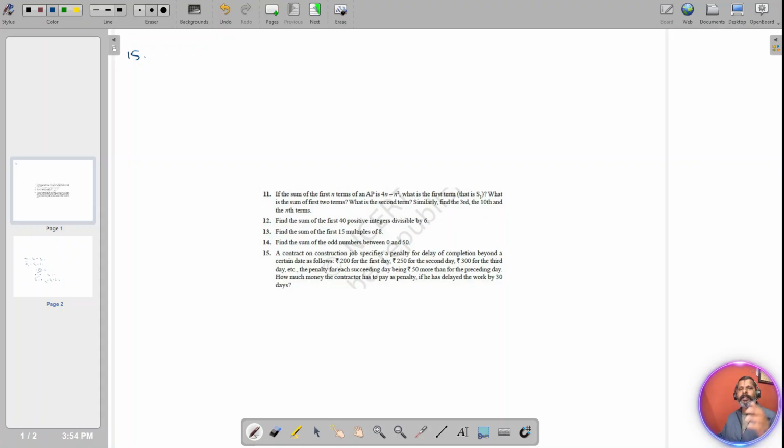Okay, means 30 days he delayed the work, every day 50 rupees will be charged more. So by this, what we can understand is 50 rupees is the common difference between every day. So it's in AP. Let's check.